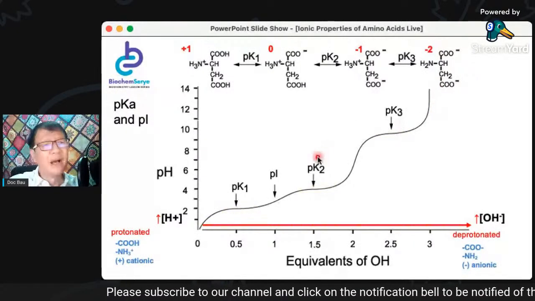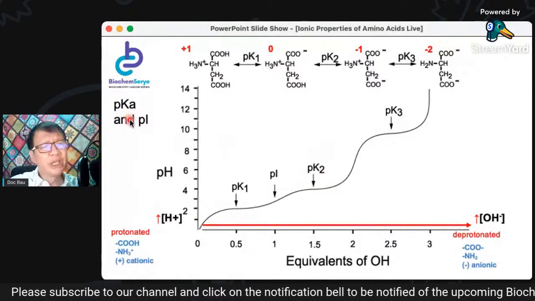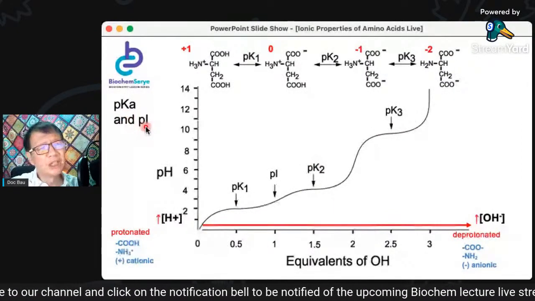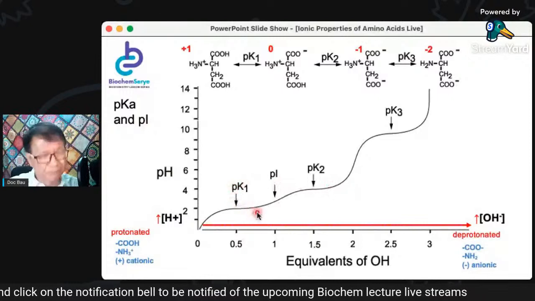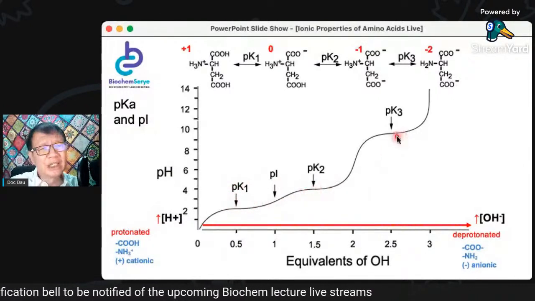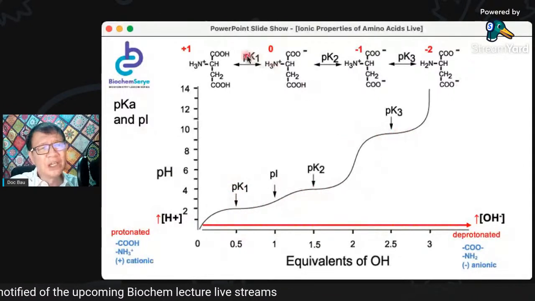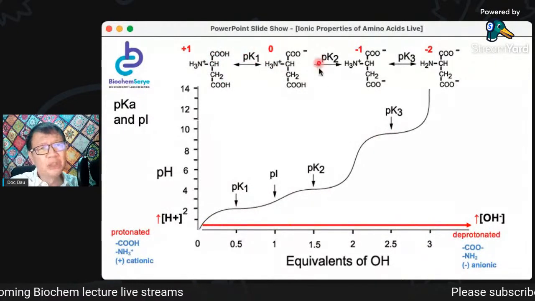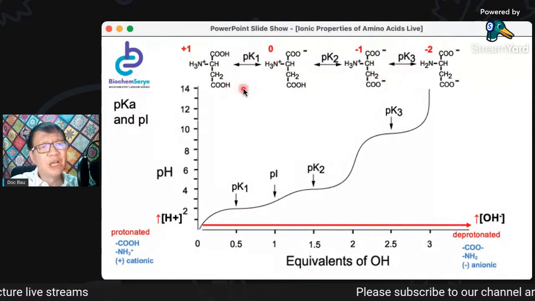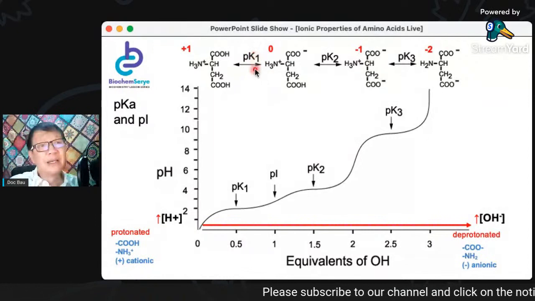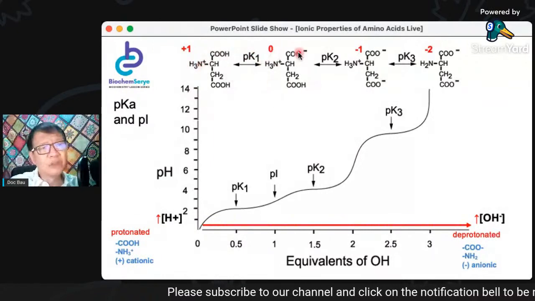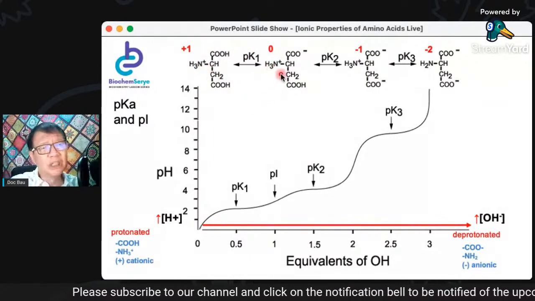So looking now at your pKa and your isoelectric pH, from here you can see areas of buffering. And you know very well, again, how do we define pK values? pK values is the pH wherein you have 50% of both species on either side.